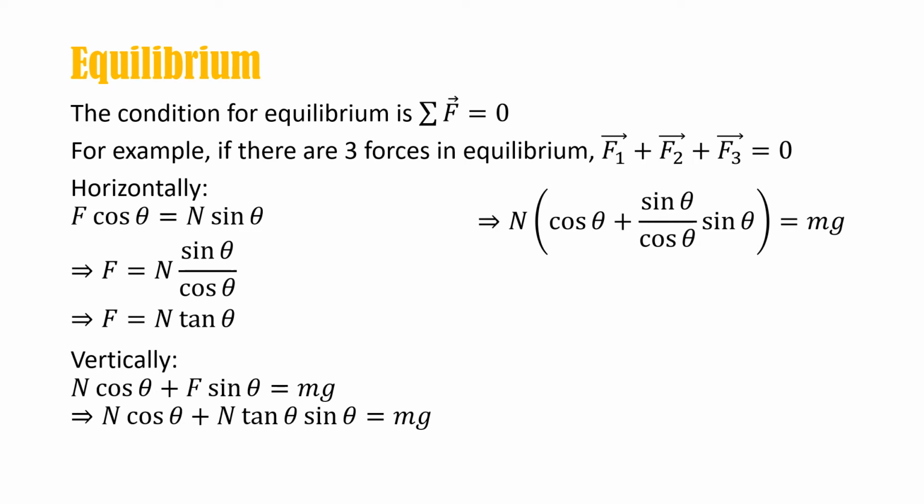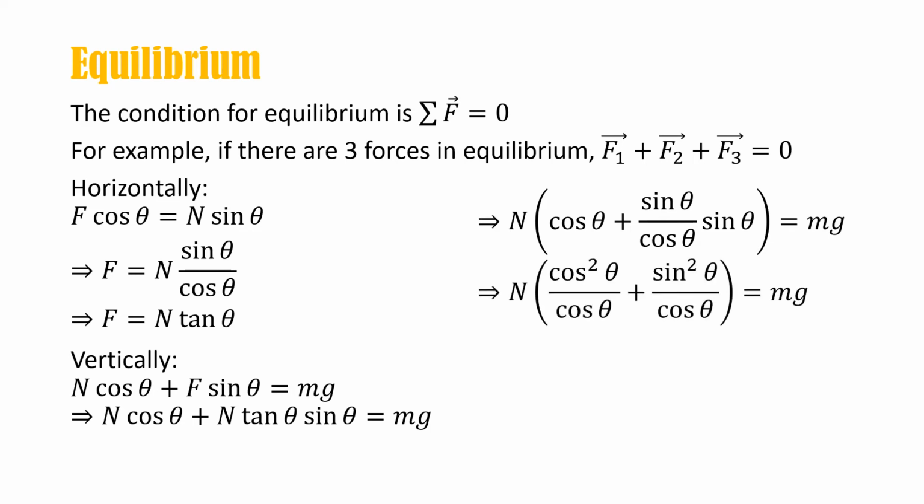Well, on the bit where we've got sine theta over cos theta times sine of theta, if I multiply that through, I'm going to get sine squared theta over cos theta. I want to do something with that cos theta on the left, by itself there. What that really is a resultant of, if I had, say, cos squared theta divided by cos theta, would give me cos theta. So I'm just going to rewrite it like that.